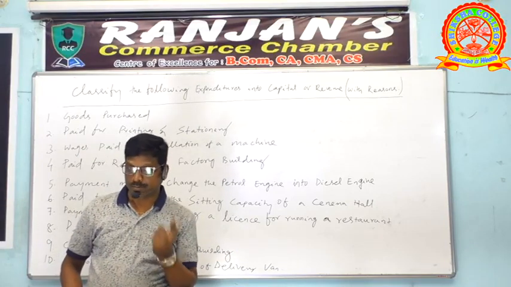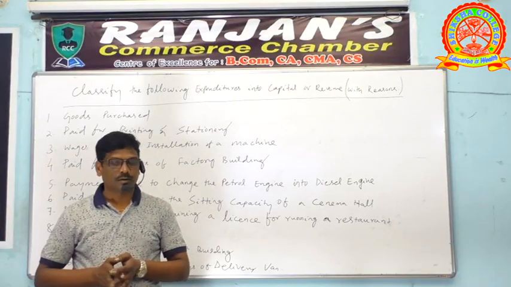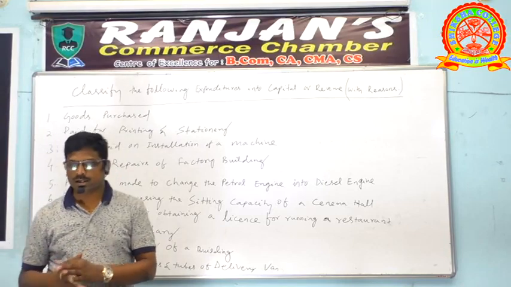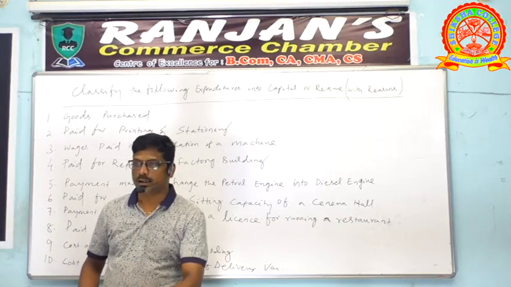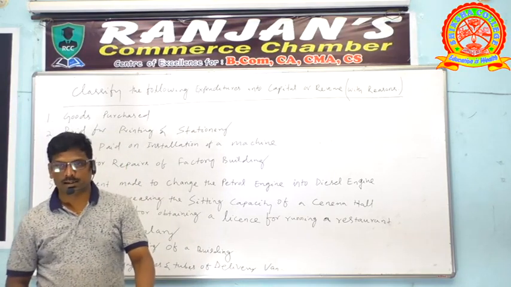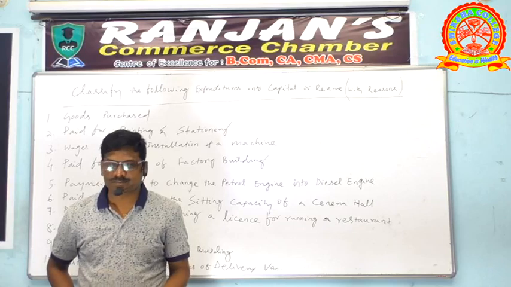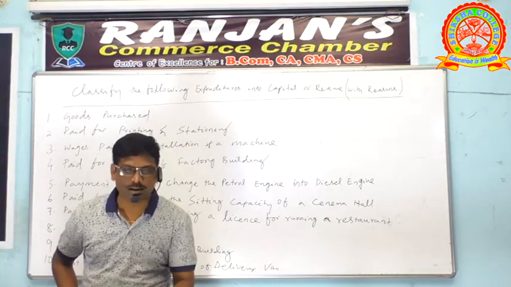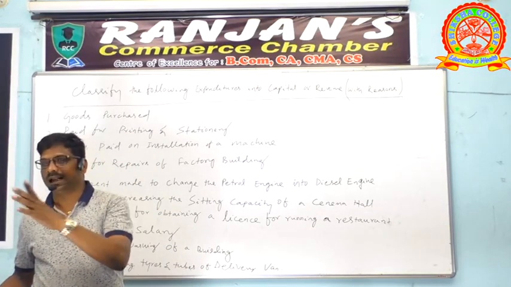The jeep is in good condition; its only demerit is mileage, and it's a very good old style jeep. If you sell it, it will give you only 20 to 30,000, and to purchase another jeep you have to incur 6 to 7 lakhs.